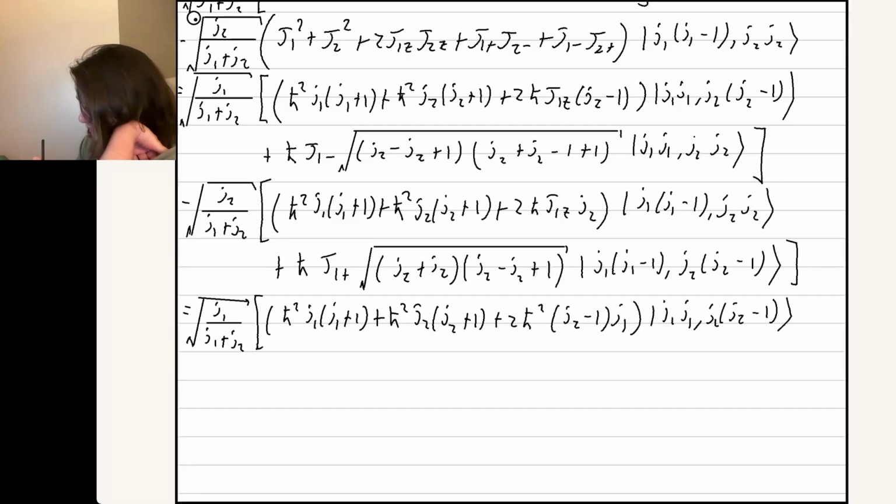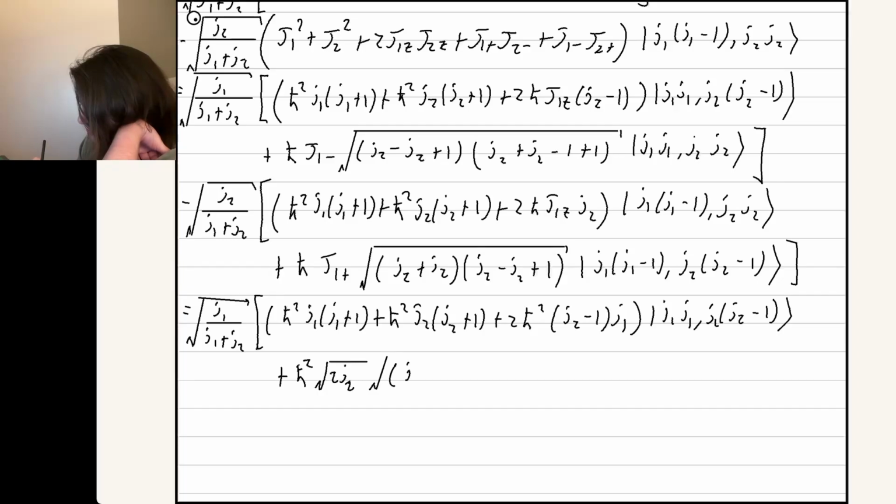And then you had a term with a lowering operator. So this is going to be now h bar squared. This stuff simplifies to just root 2 j2. And then you have square roots of lowering operators.